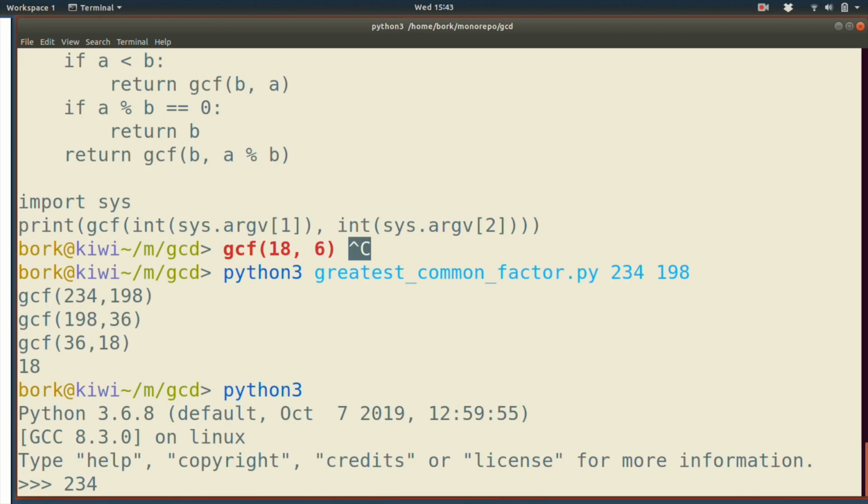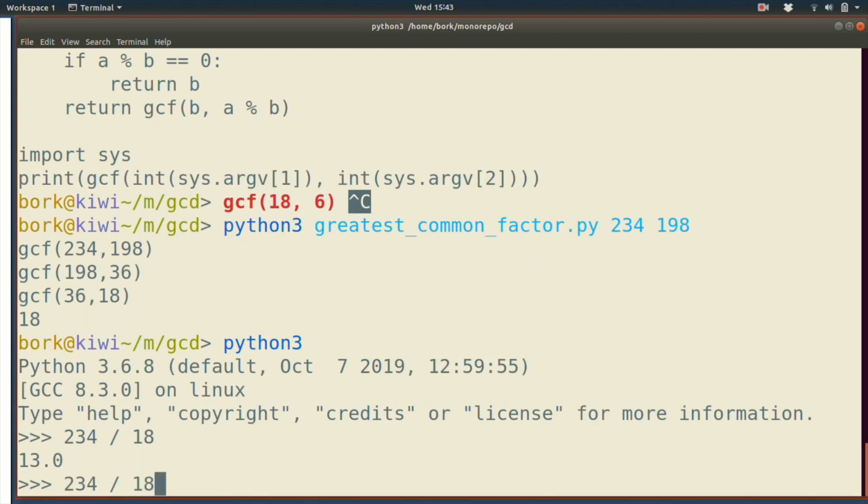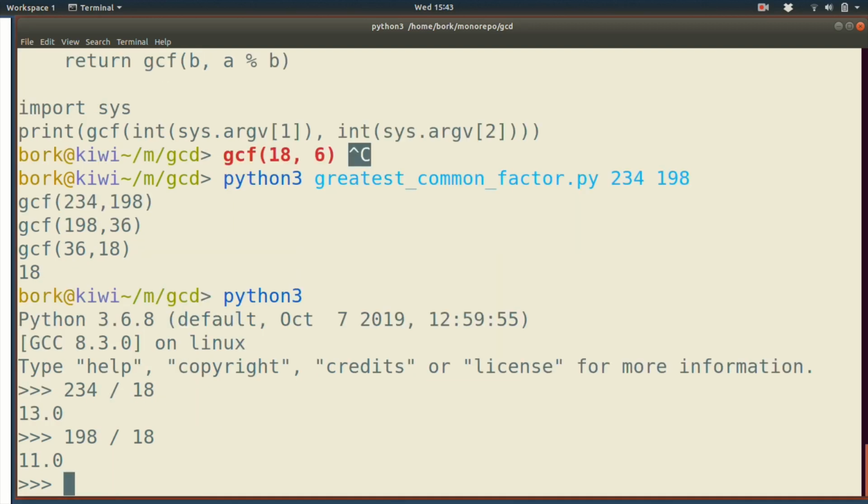What is 234 divided by 18? We can see that it's 13. So 234 is divisible by 18, and 198 is 11 times 18. So 18 really divides those two numbers, and it's the biggest number that divides those two numbers, so that's not immediately evident.